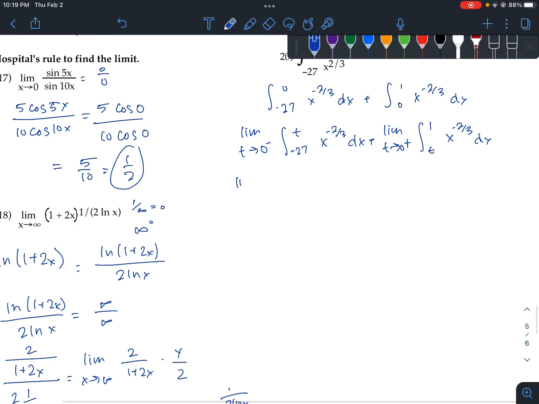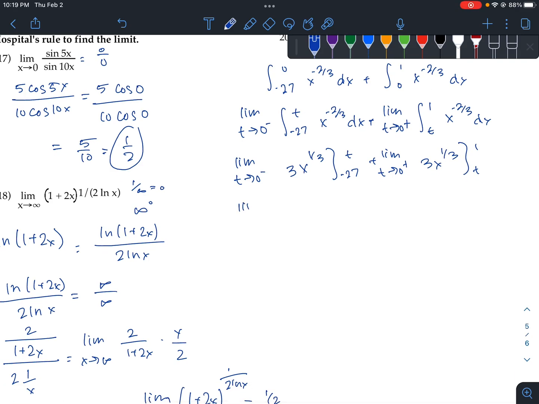Okay, so I have the limit as t approaches 0 from the left. So I need to add 1 to that. So that's going to be x to the 1/3. I need to times by 3 then, or divide by 1/3, which would just be times by 3. And this is from negative 27 to t. And then plus the limit as t approaches 0 from the right of the same thing, 3x to the 1/3. This is going to be from t to 1.